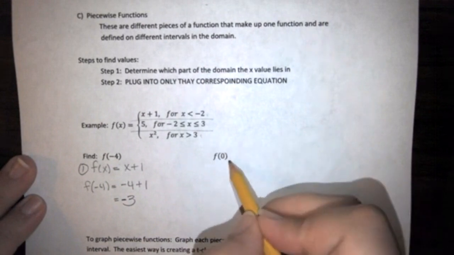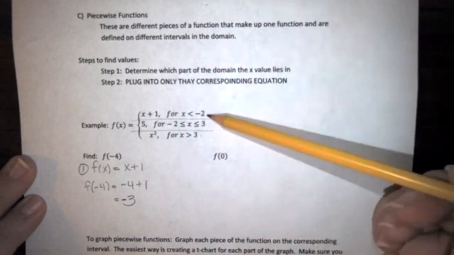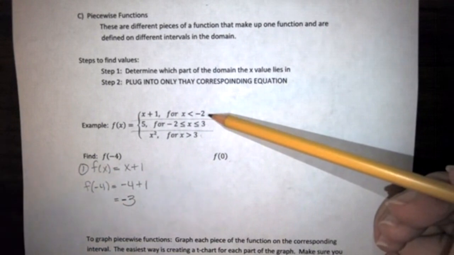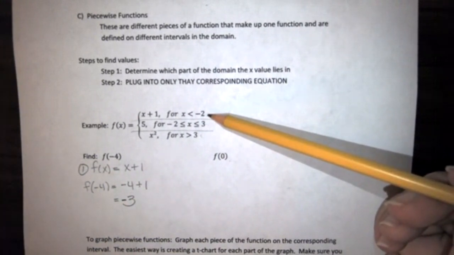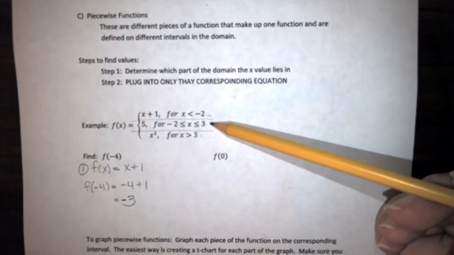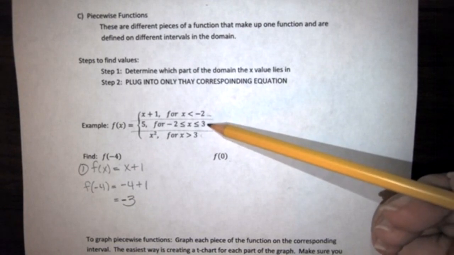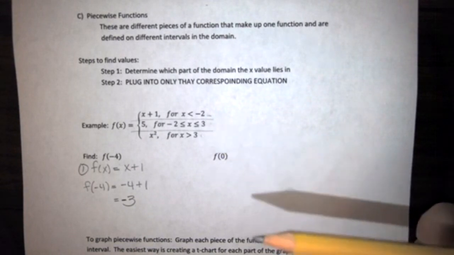Now the other one is f of 0. If you look at that first piece, we're looking at all values less than negative 2. Well, 0 does not qualify. So then the middle one goes from negative 2 up to positive 3. Well, 0 is housed in that if you think of your number line.